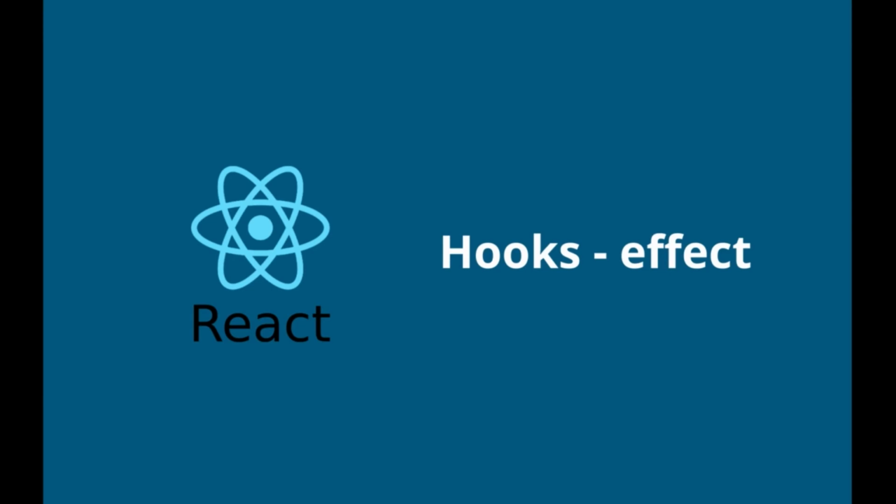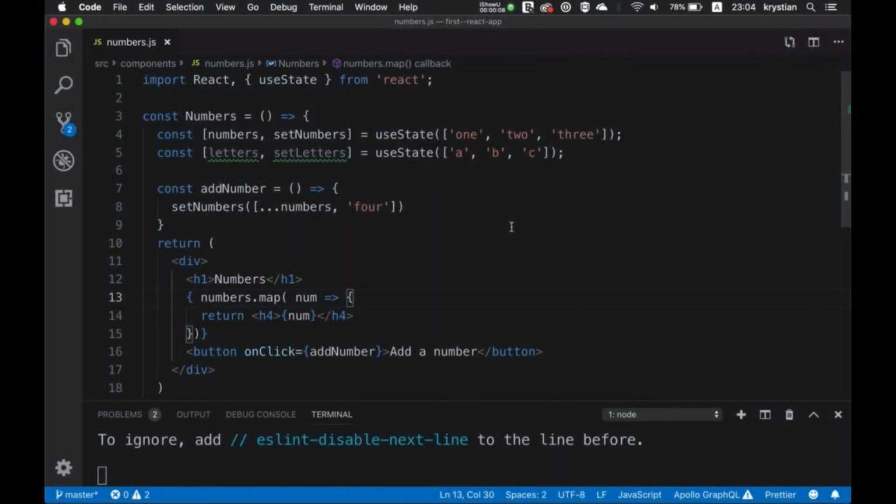Okay, so we already know how to replace some of the functionality with functional components, the functionality we have in class components but never had with functional ones. One crucial part of this is state, and we know how to use it with useState. So what else is missing in our functional component?